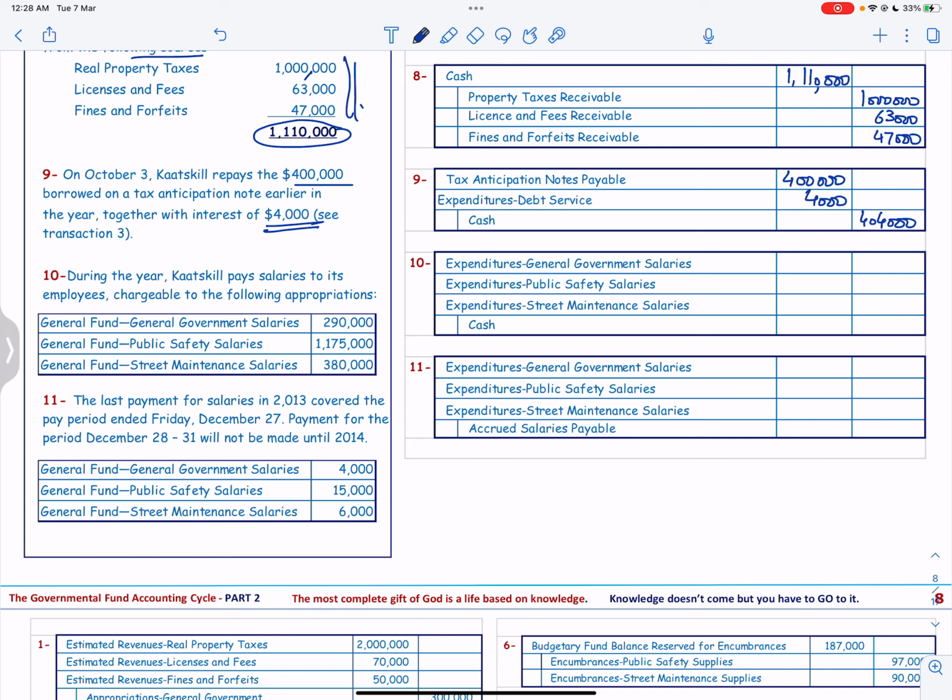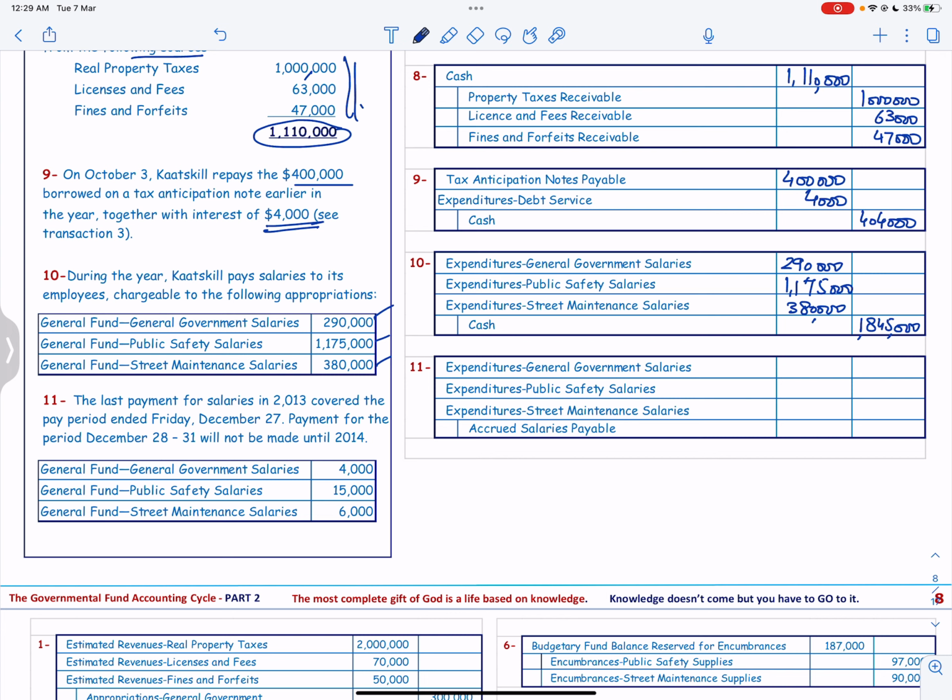So the general entry will be expenditures general government salaries is debit by 290,000. Expenditures public safety salaries is 1,175,000, and expenditures maintenance salaries is debit by 380,000, and cash is credited by 1,845,000.